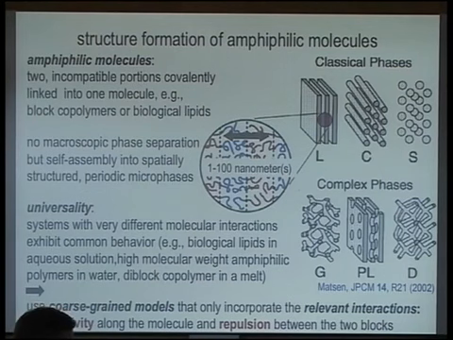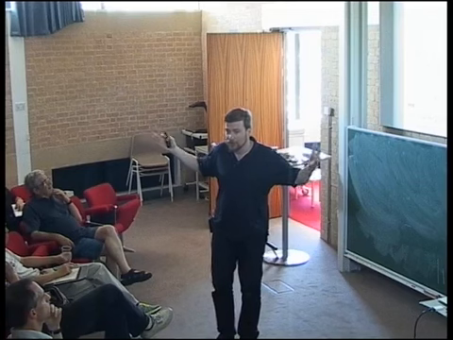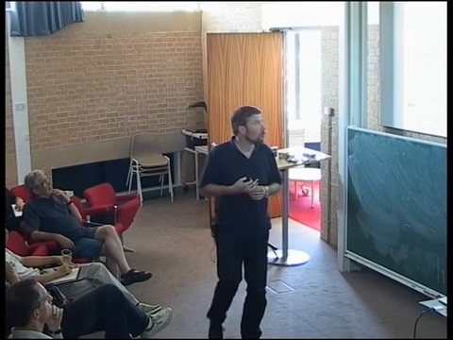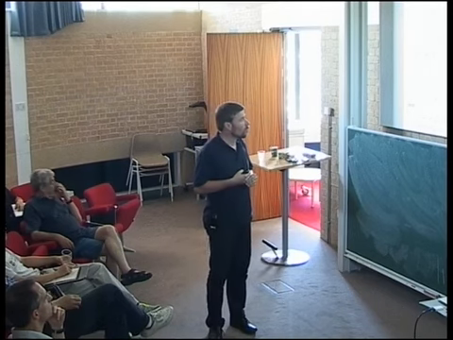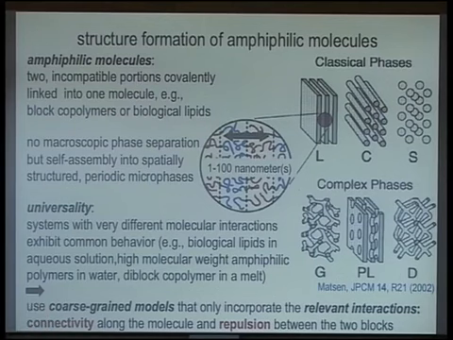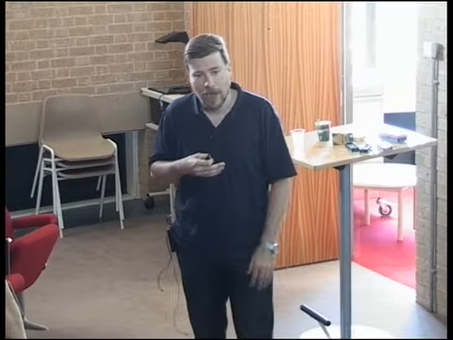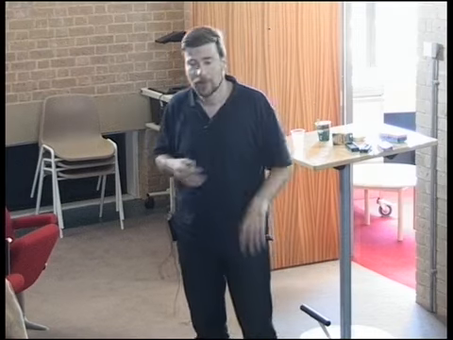The length scale is set by the size of the molecule, and it's conveniently in the range of 10 to 100 nanometers, and therefore it has attracted quite some interest for templating patterns. The nice thing from a computational point of view is that those different phases, the simplest one being just this lamellar phase where you form sheet-like structures, are fairly universal in the sense that you can find them in synthetic block copolymers, where you have basically van der Waals interactions as typical interactions.